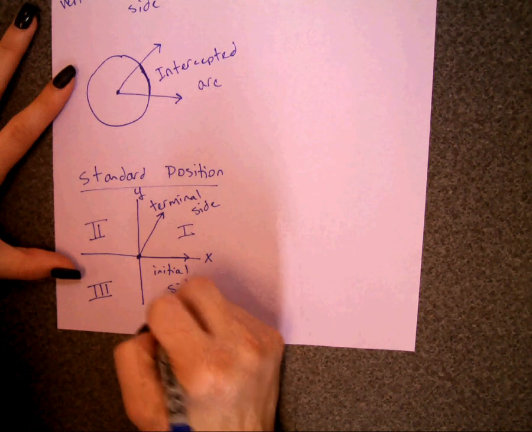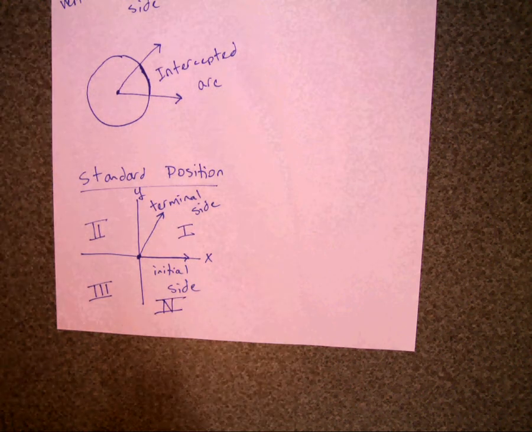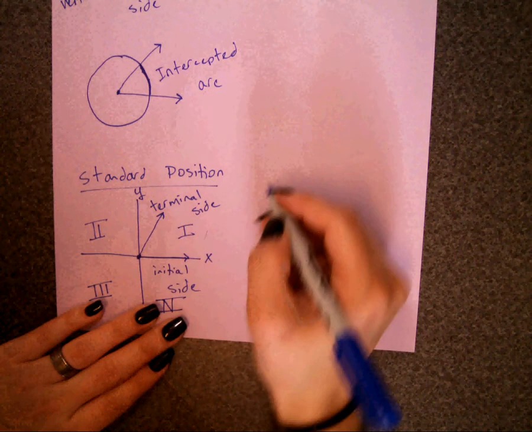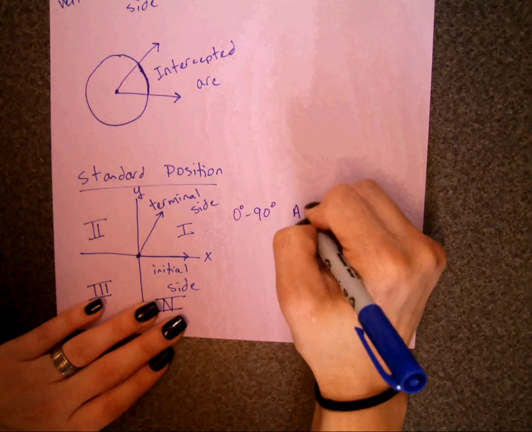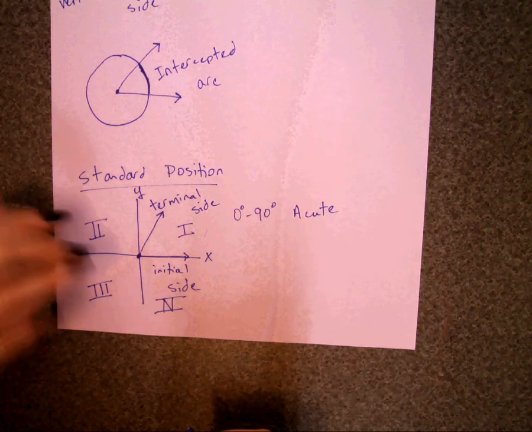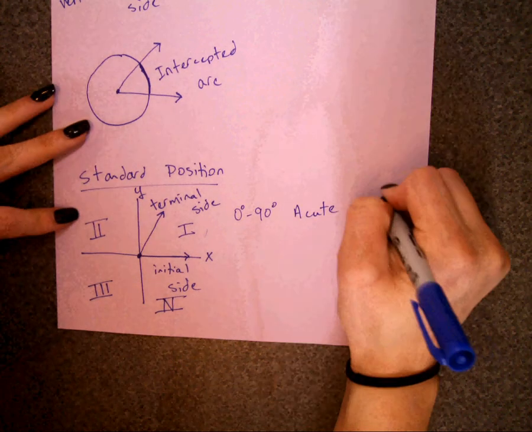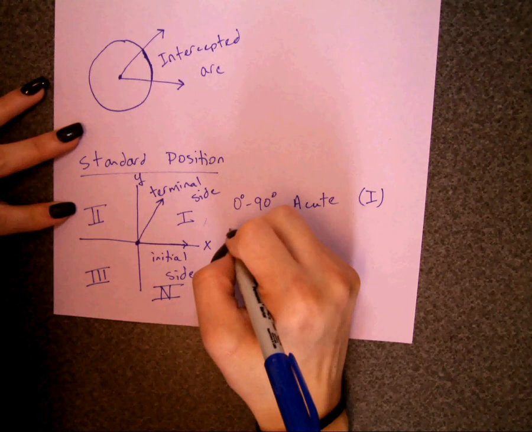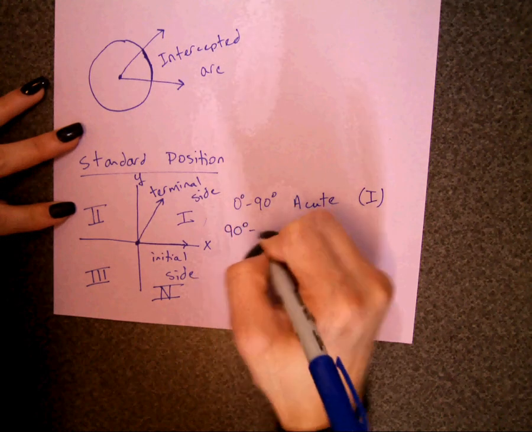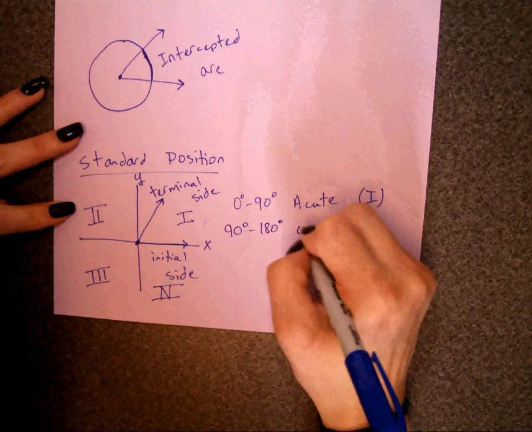The first quadrant makes up angles from 0 to 90 degrees, and we call these angles acute. Angles in the second quadrant make up angles between 90 and 180 degrees, and we call these angles obtuse.